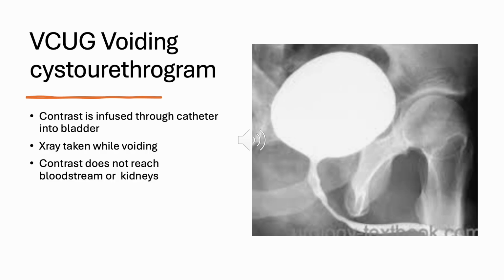The trick question usually is about the contrast dye. In this case, you don't need to worry about the BUN and creatinine because the contrast never leaves the bladder. It doesn't enter the bloodstream or reach the kidney, so you don't have to worry about lactic acidosis and kidney damage.